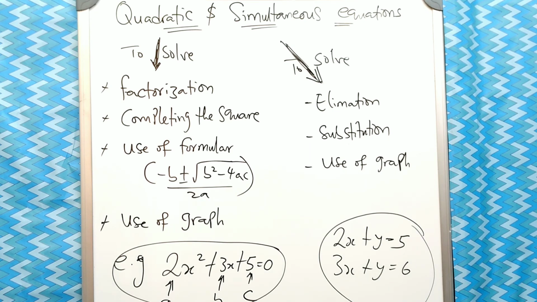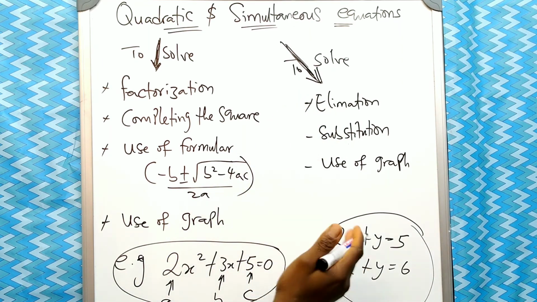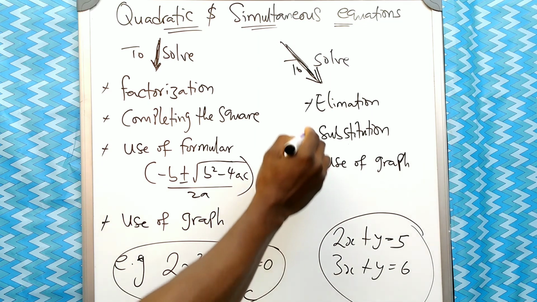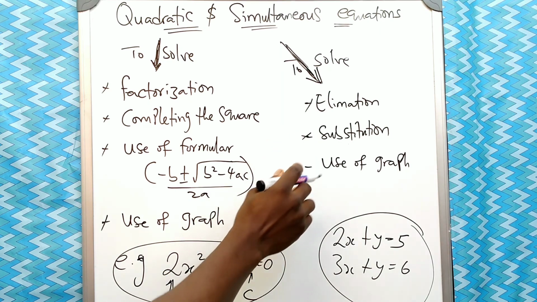Now, for simultaneous equations, we can basically use three ways to solve. We can use the elimination method. We can eliminate one unknown, and for the one that is not eliminated, we look for the solution. Then we come back to substitute and get the whole solution. We can use the substitution method.